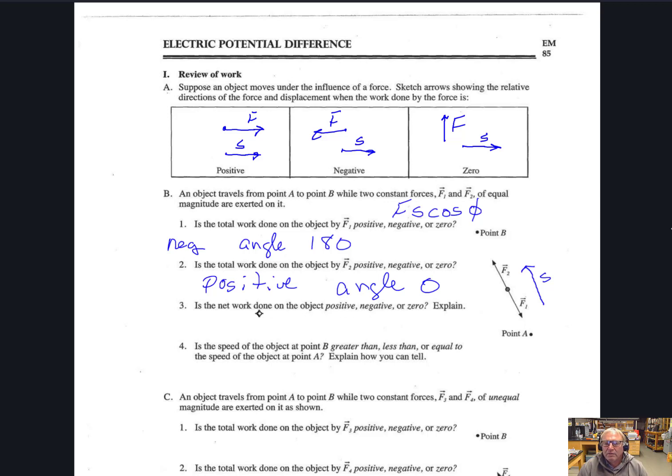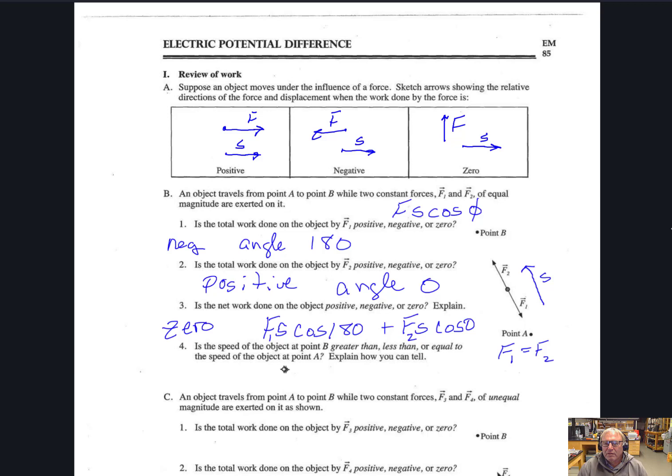And the net work is 0 because we have F s cosine of 180 plus F s cosine of 0. We said F1 equals F2.